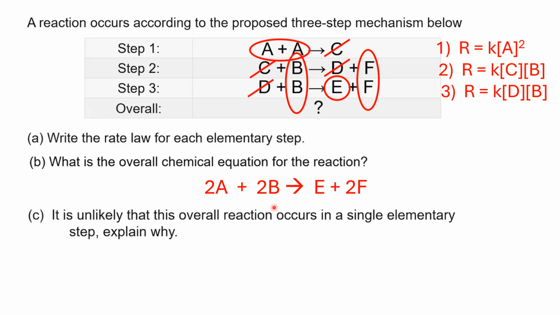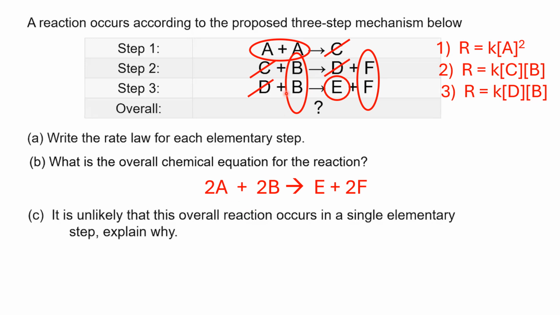And the answer should be no, right? It is unlikely. It's possible, but it's unlikely. And the reason for that is because that would require all 4 particles to collide simultaneously. 2 of A and 2 of B have to be in the same place at the same time for this to happen in one step.